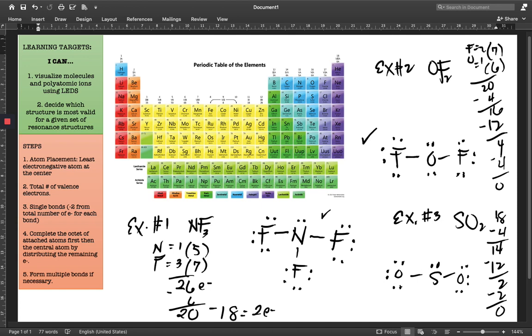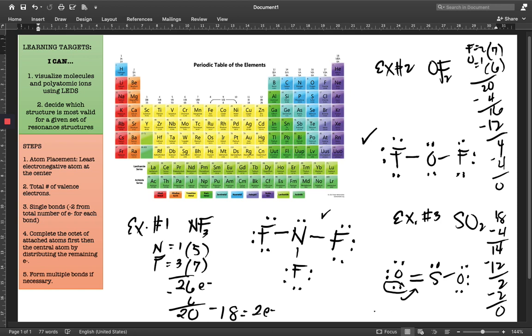So what do we do? We choose any of the oxygen atoms. Let's say we'll have it here, and then share those electrons to form another bond. So that's it.